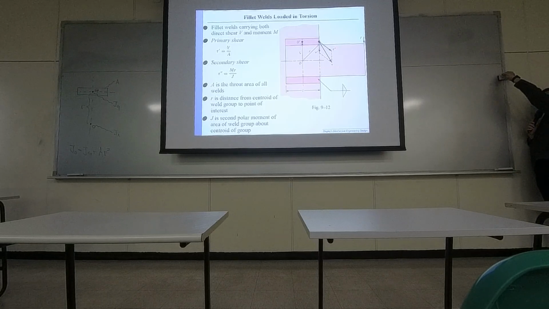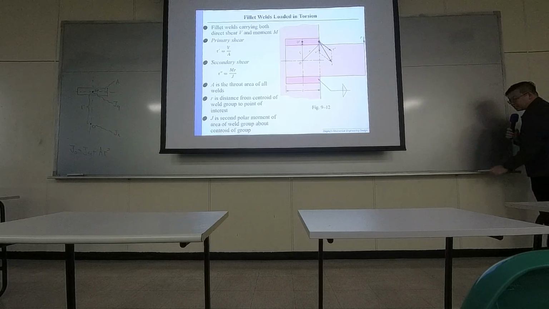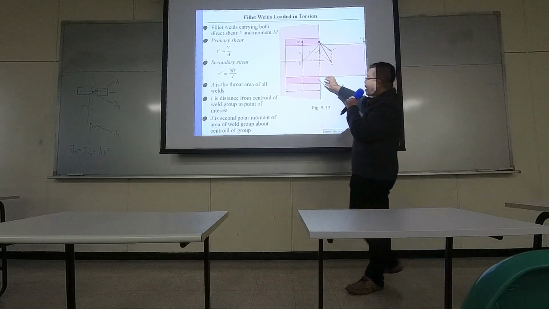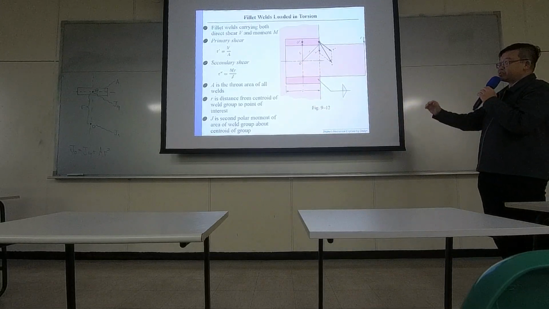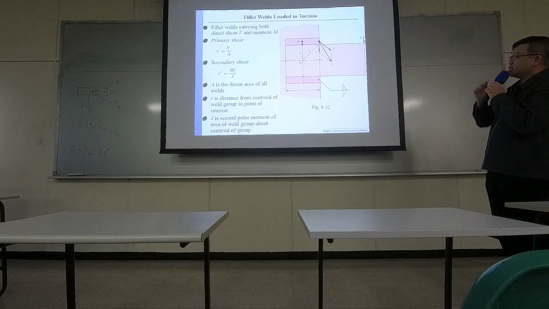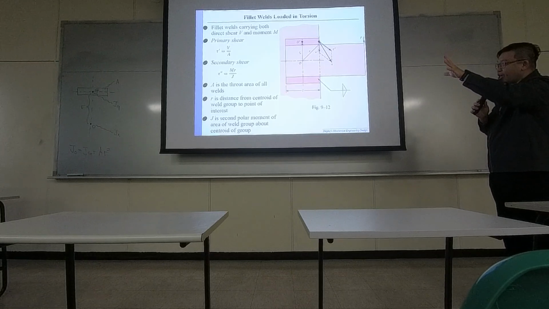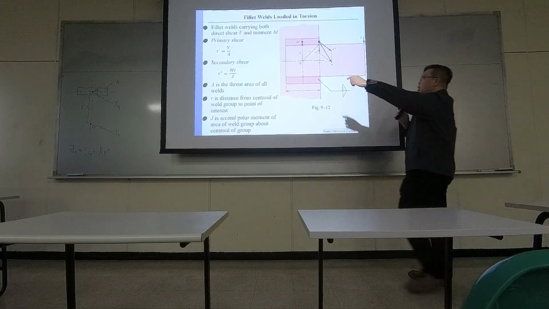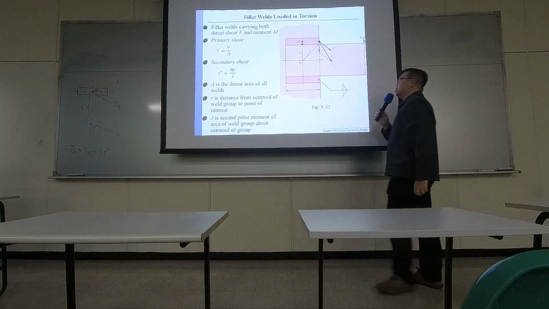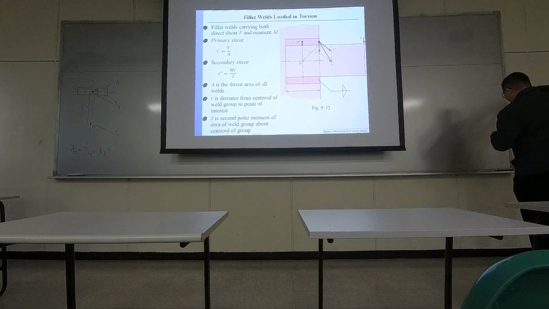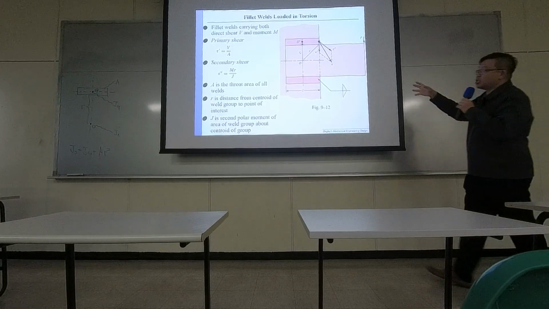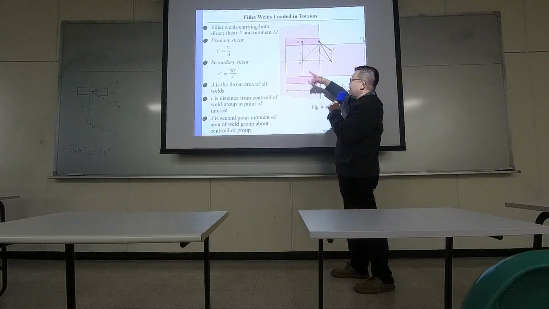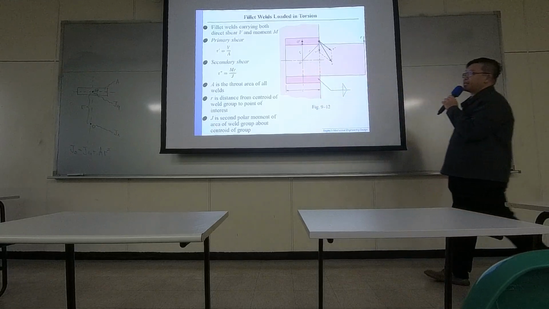And also, because of how this layout of welding material is arranged in a certain shape, there is going to be a rotational center. So when you apply external force, that's going to generate moment. You can imagine the whole structure is going to rotate about this rotational center.